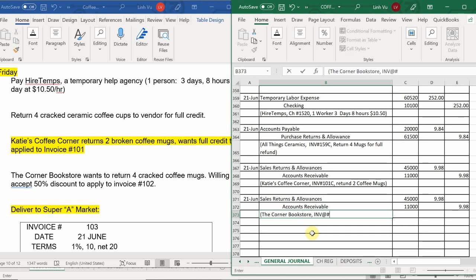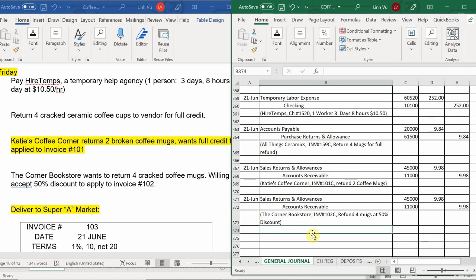Okay. Invoice number 102C for credit. And this time, for a discount of 50%, refund for mugs at 50%. 50% discount.